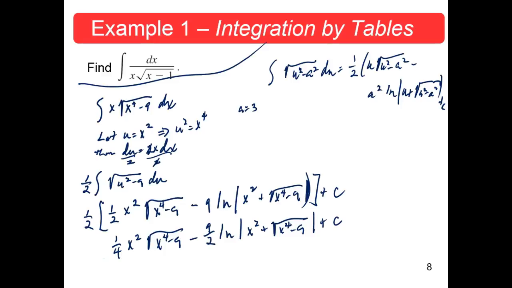Okay. Now, with that in mind, let's go back and see how we did. 1/4 x squared on the square root of x to the 4th minus 9 minus 9. Oh, they have the 1/4 on the outside.